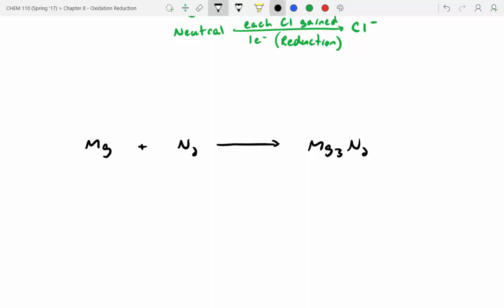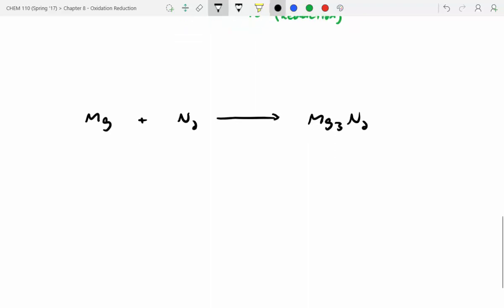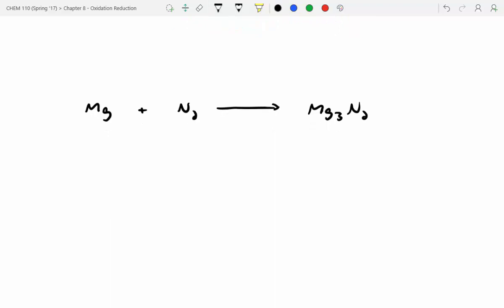Or do we say trimagnesium? It's ionic, so we don't need to use mono, di, tri, tetra. What would it be called then if we don't need to use prefixes? Magnesium nitride. We don't need a Roman numeral because magnesium is not a transition metal, so it'd just be plain old magnesium nitride. All right, so let's work through this. Before you do anything, though, make sure everything's balanced, and then keep track of what's being oxidized and reduced.